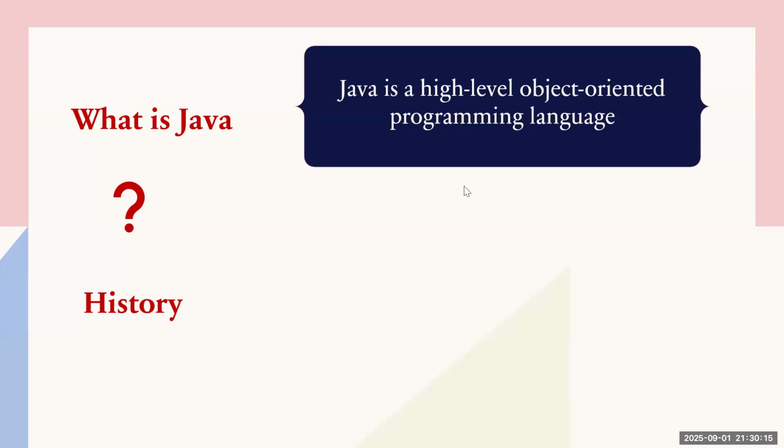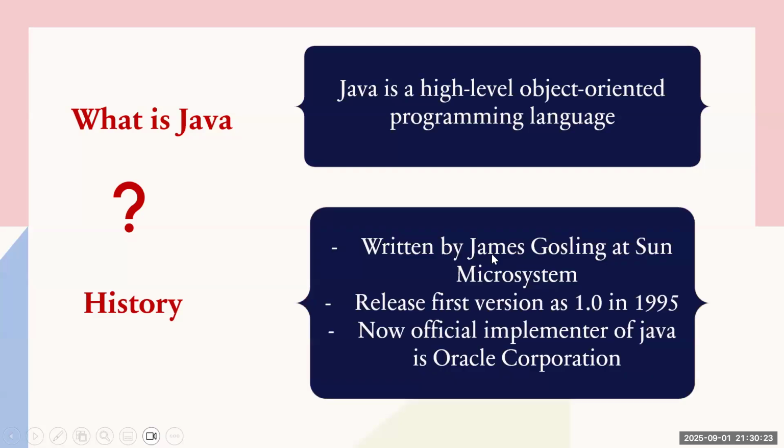Now, what is the history of Java? When was it introduced, and who introduced Java? Java was written by James Gosling, who is the person's name. There is a person called James Gosling who introduced the Java programming language.